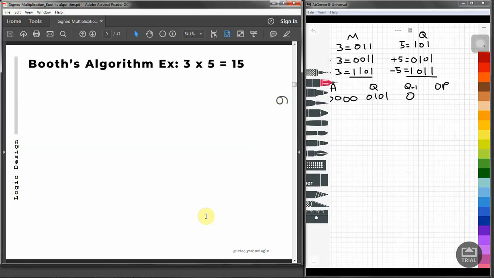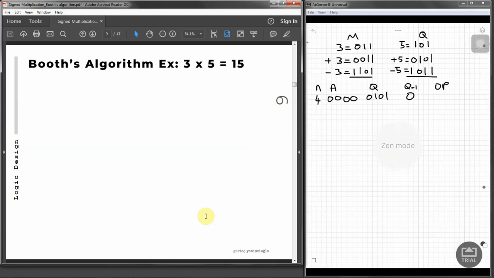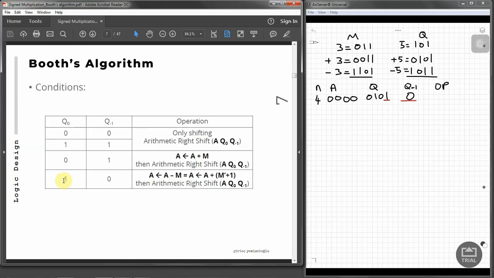So in order to do that, we need to compare that bit and that bit. 1, 0. Let's go back to the table. 1, 0 is A minus M stored in A. So let's write that down. A is A minus M. Now, what is our A?